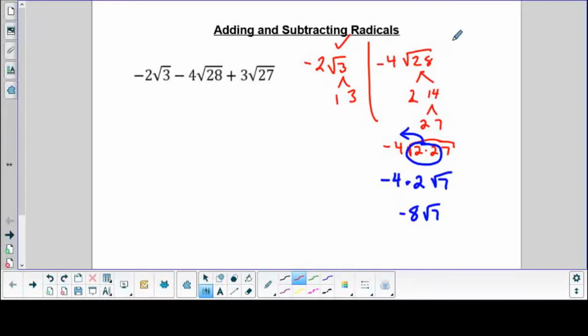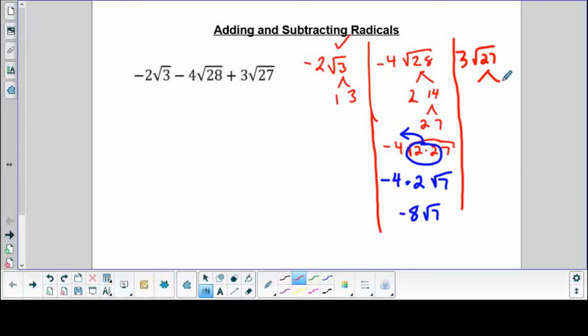Now we go to the last term. I'll make this line a little bit longer. So 3 square root of 27. Okay, so let's see. Here's 27. Factors of 27, well, obviously it's not divisible by 2 because it's an odd number.